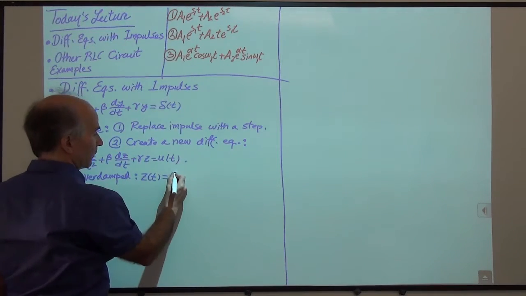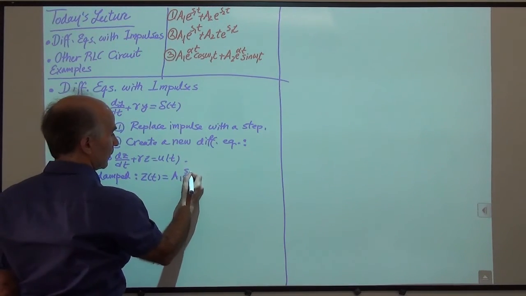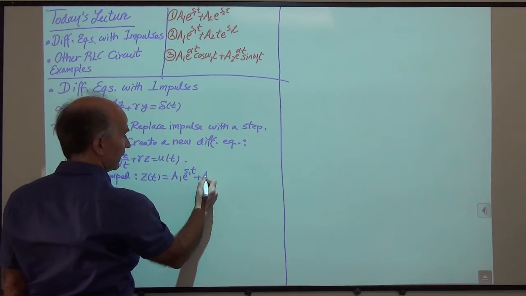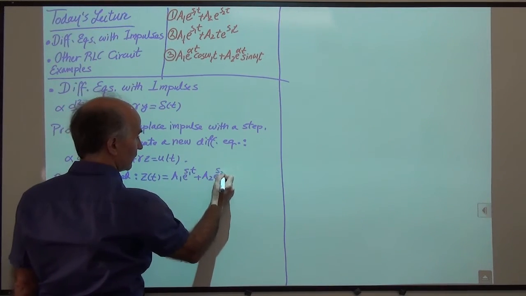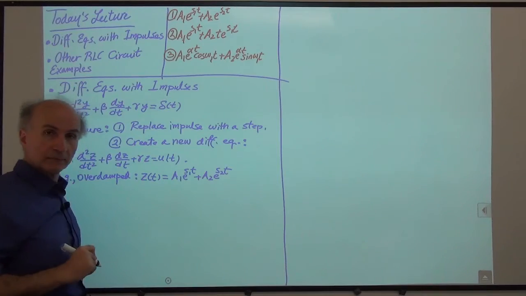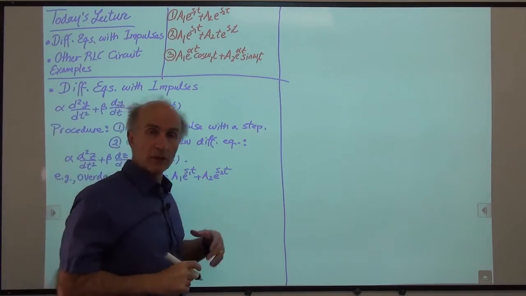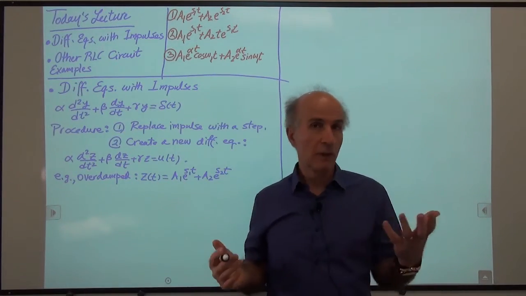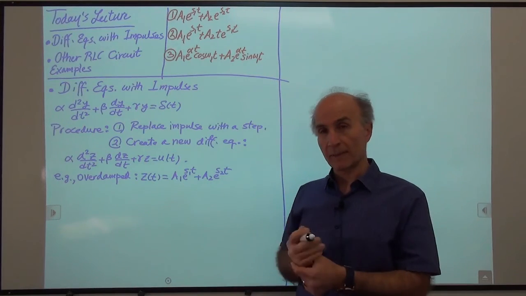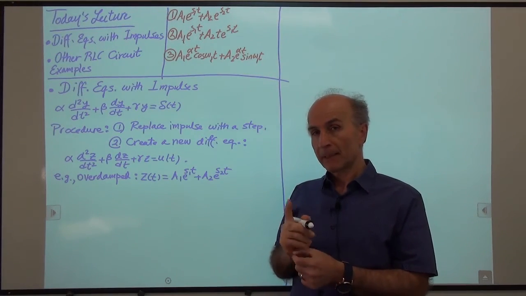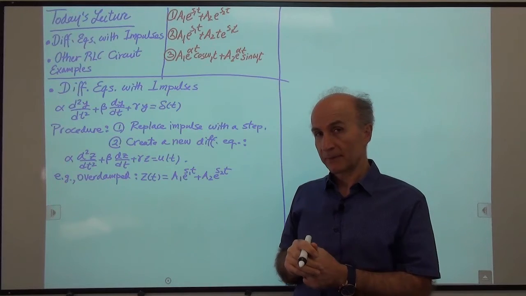So I have a1 e to the s1t plus a2 e to the s2t. Now, it's a simple second order differential equation. I know there are three possibilities, so here's one possibility. But is that quite correct?